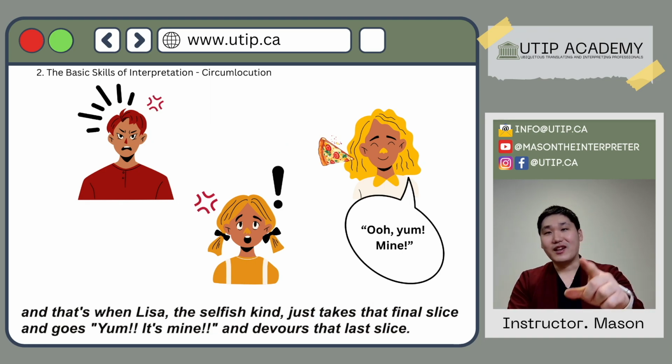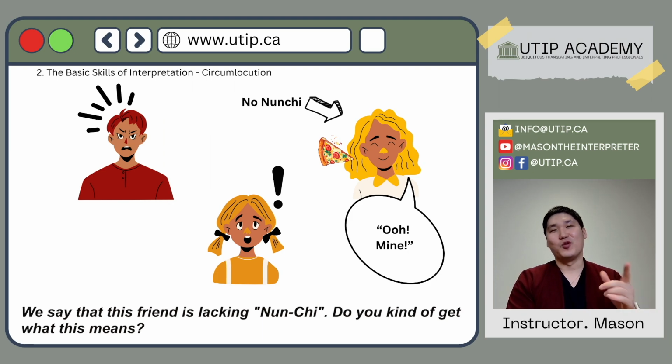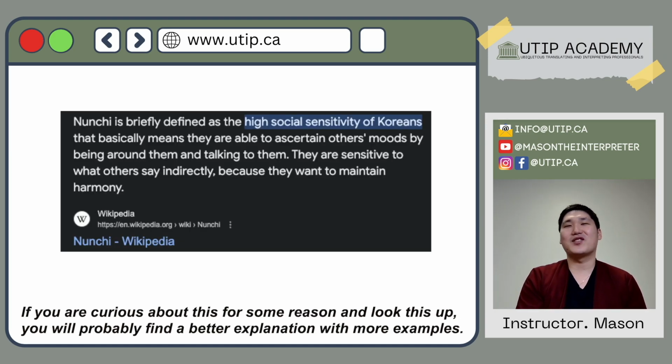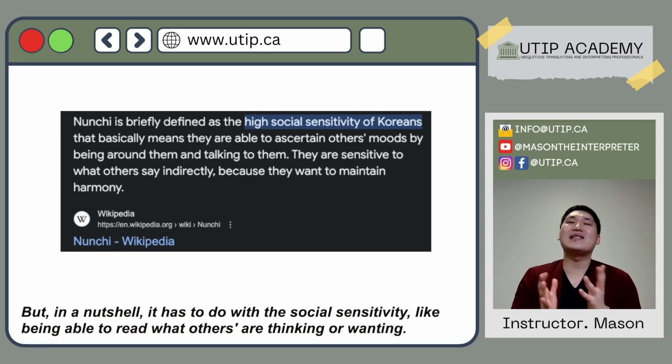And then that's when Lisa, the selfish kind, just takes that final slice and goes, "Yum, that's mine," and devours the last slice. We say that this friend is lacking nunchi. This Lisa doesn't have nunchi. Do you kind of get what this means? Well, if you are curious about this for some reason and you look this up, you will probably find a better explanation with some more examples. But in a nutshell, it has to do with social sensitivity, like being able to read what others are thinking or wanting.